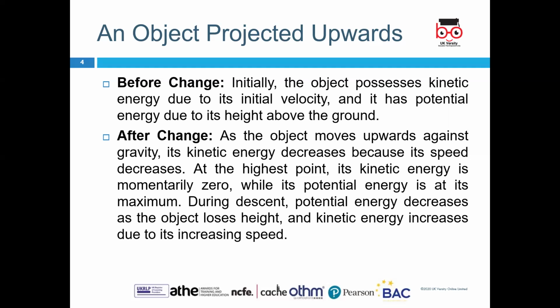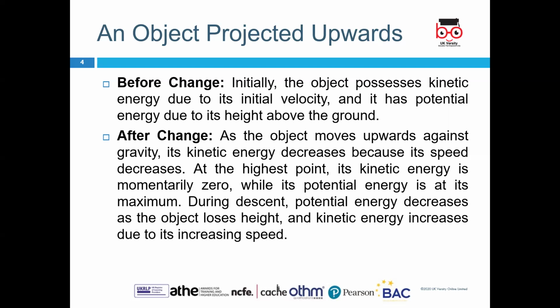And after change, as the object moves upwards against gravity, the kinetic energy decreases because of atmospheric friction and its speed decreases. So due to that, the kinetic energy decreases.